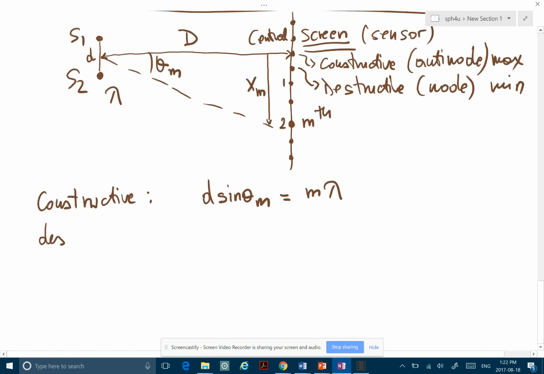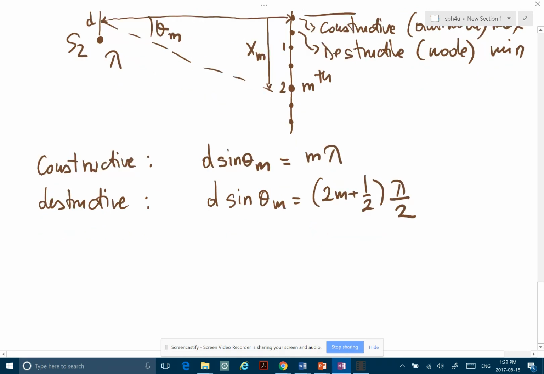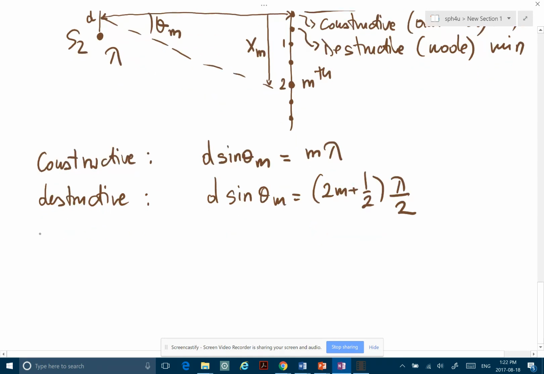For destructive, we have d sine theta_m equal to (2m plus 1) times lambda over 2. Then we had the approximation.